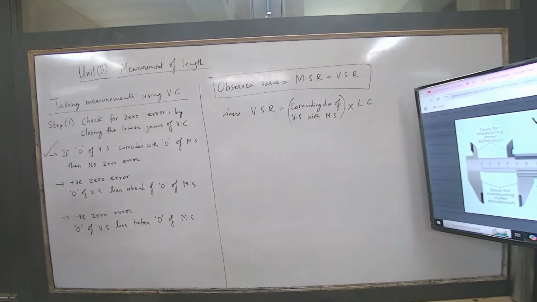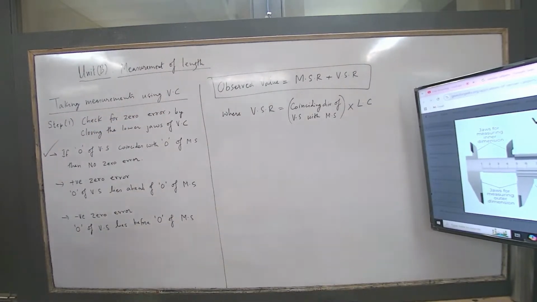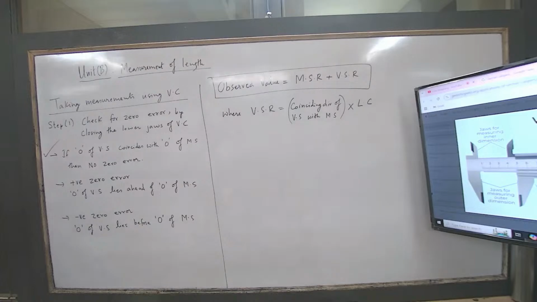So this is the scale, let us say, without any zero error. So what is the main scale reading for this diagram? You can see it is the reading on the main scale before the zero of the vernier calipers. What is MSR? Reading on the main scale before the zero of vernier scale. So what is it? It's 1.2.